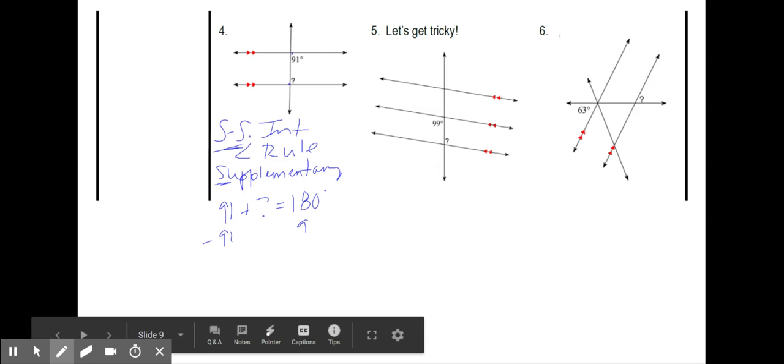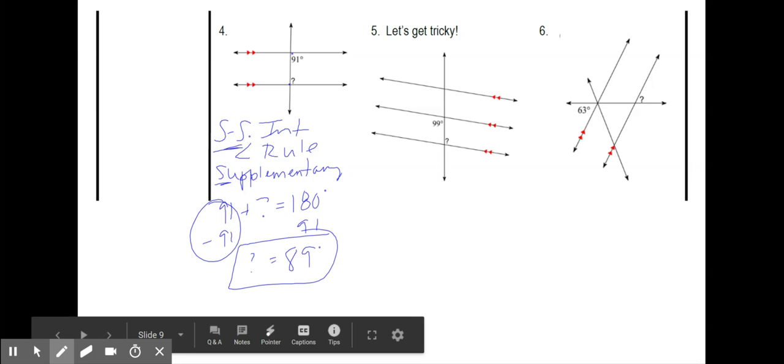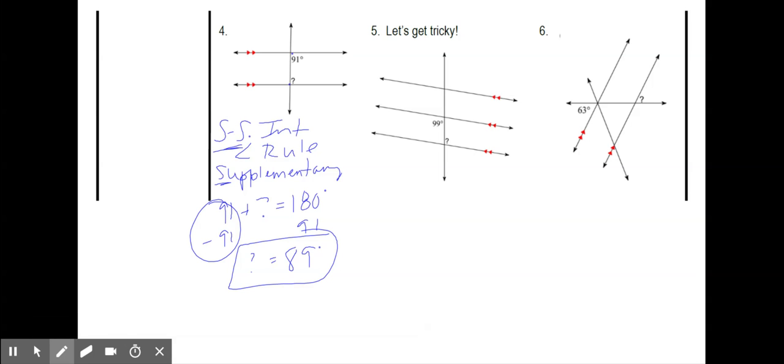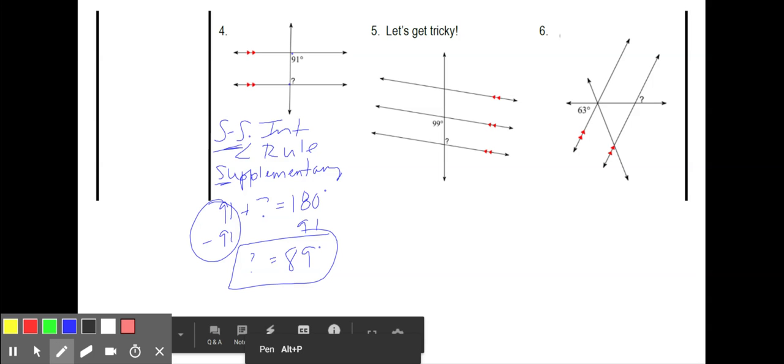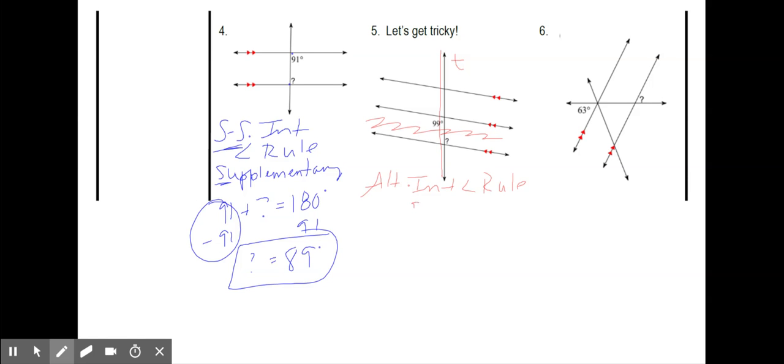If I subtract 91 from both sides, I see that my unknown angle is 89 degrees. All right, let's get tricky. You guys are doing great with this in class. So find your transversal, find your interior. So I have alternate interior angle rule. So question mark is equal to 99 degrees because these are congruent.